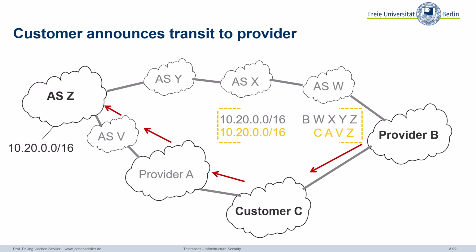So how can this be done? You, as a provider B, could announce certain paths, telling two different paths where maybe one of the paths doesn't make sense from a policy point of view.